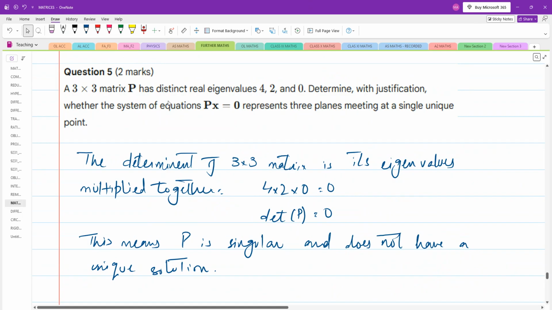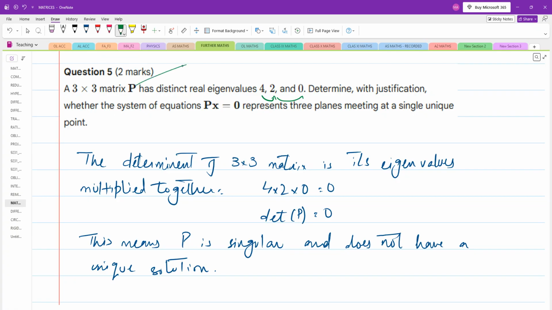A 3 by 3 matrix P has distinct real eigenvalues 4, 2, and 0. Determine with justification whether the system of equations represents three planes meeting at a single unique point. Now, something that you guys need to know is that the product of eigenvalues is the determinant of the matrix.